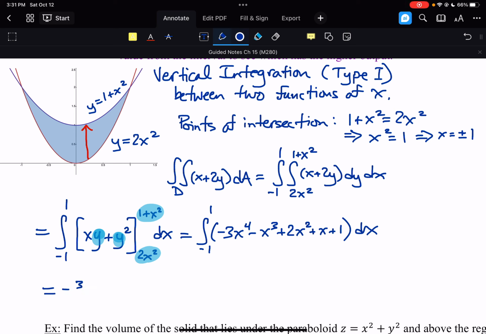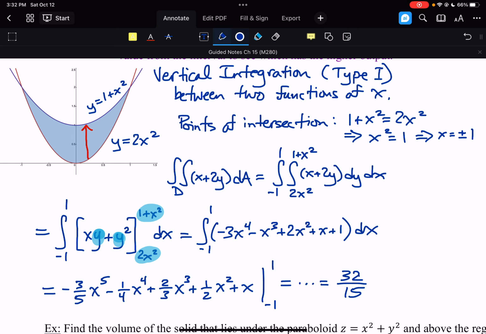So that's going to be negative 3/5 x to the 5th minus 1/4 x to the 4th plus 2/3 x to the 3rd plus 1/2 x to the 2nd plus x, all evaluated from -1 to 1, which again, I'll save you the hassle of plugging and chugging all of those numbers. We end up getting 32/15 as the value of that double integral.